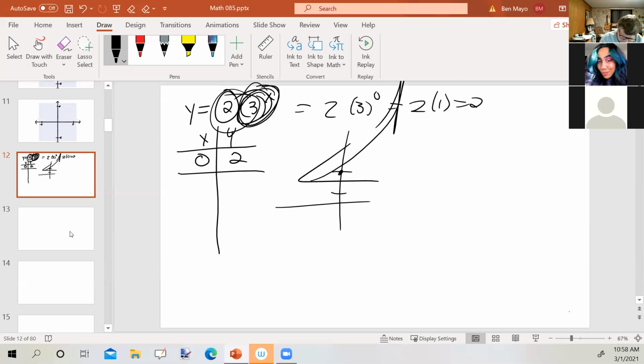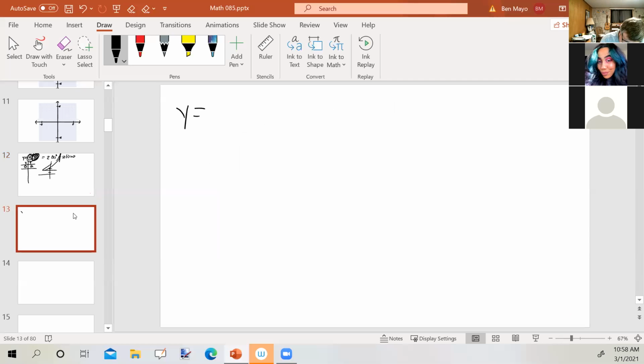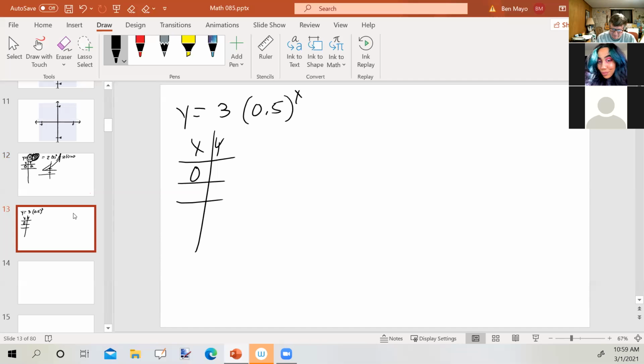Now, what if I had y equals 3 times 0.5 to the x power? Where is the y-intercept now? What's 0.5 to the 0 power? That'll be 1, right? So 3.